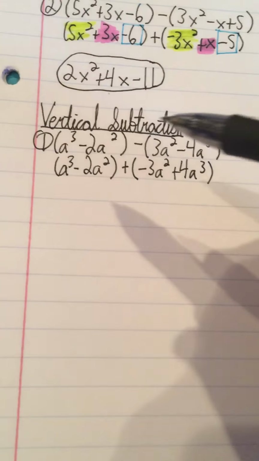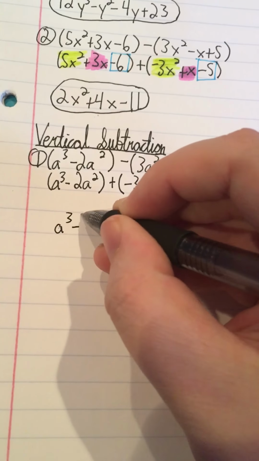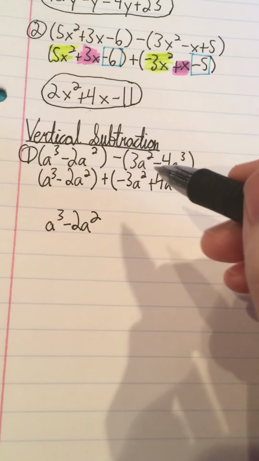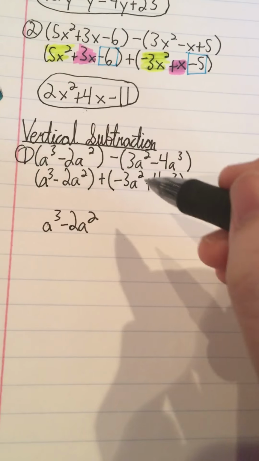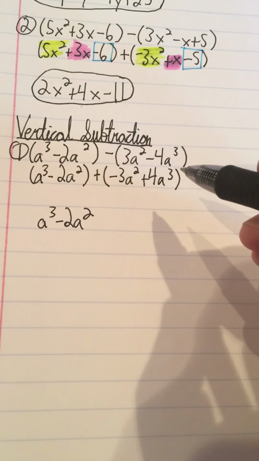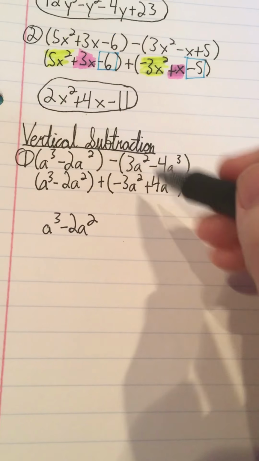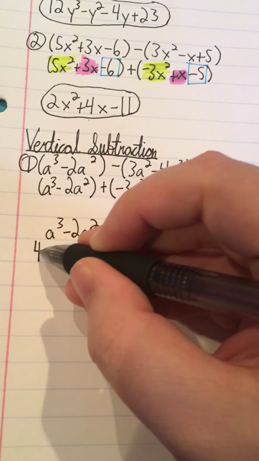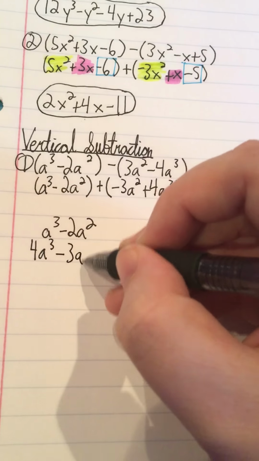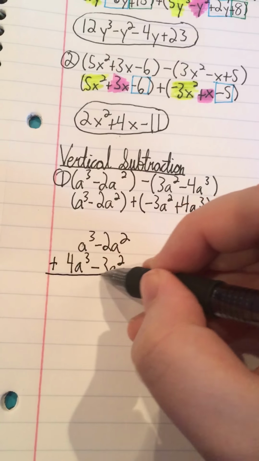So now we're going to copy this first polynomial here. And then we're going to bring down and rearrange this second polynomial so that the columns match with the like terms. So this 4a cubed is going to end up over here. And this minus 3a squared is going to end up here. And we're just going to add those together.